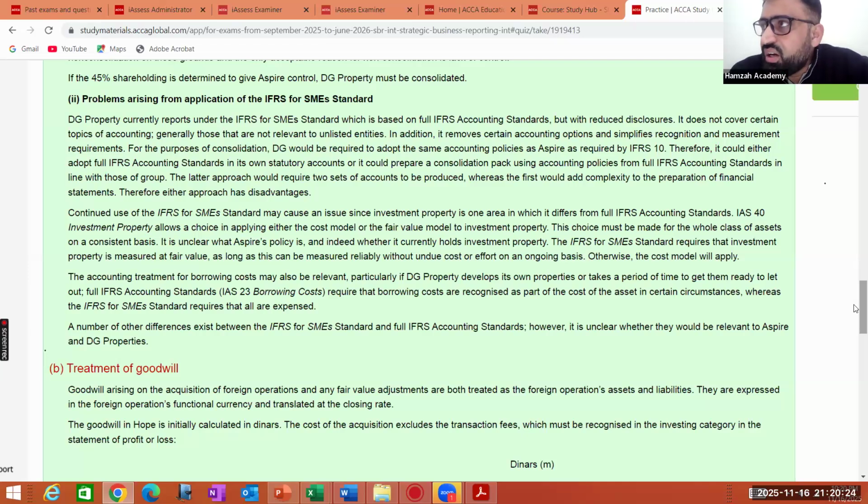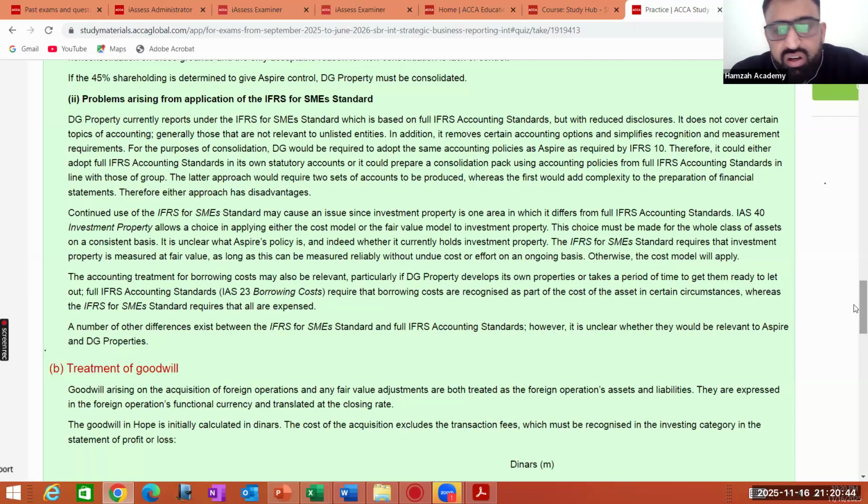For example, in IAS 23 borrowing cost, we capitalize the borrowing cost on a qualifying asset, but for SMEs we may allow them to expense it out. So obviously there will be differences, and it would be challenging for the Aspire company when they consolidate it.